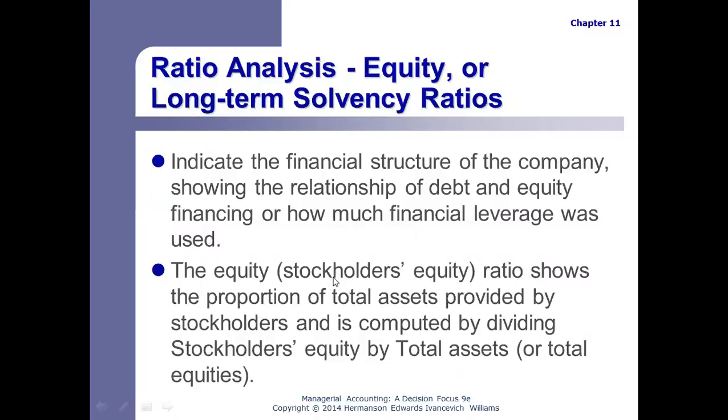So the more equity you use to acquire assets, the better. And remember, equity includes not only the money that stockholders put into the company, but all the accumulated earnings, the net income as well. So internally generated money is part of the equity ratio.